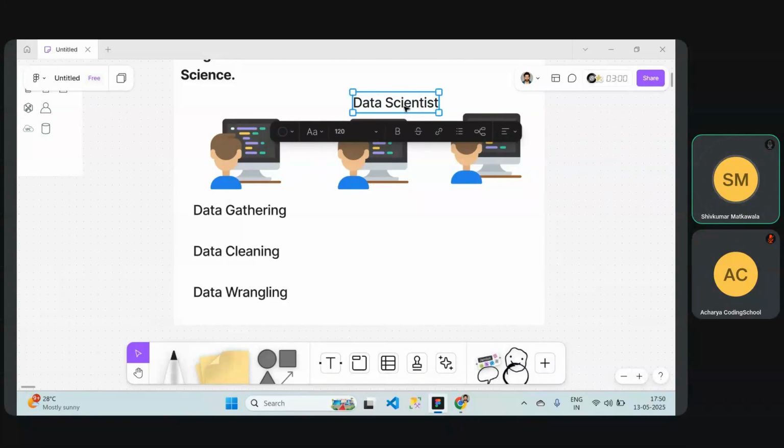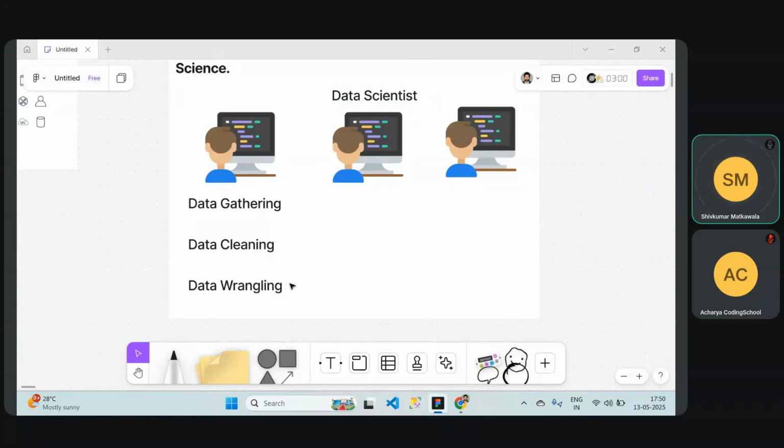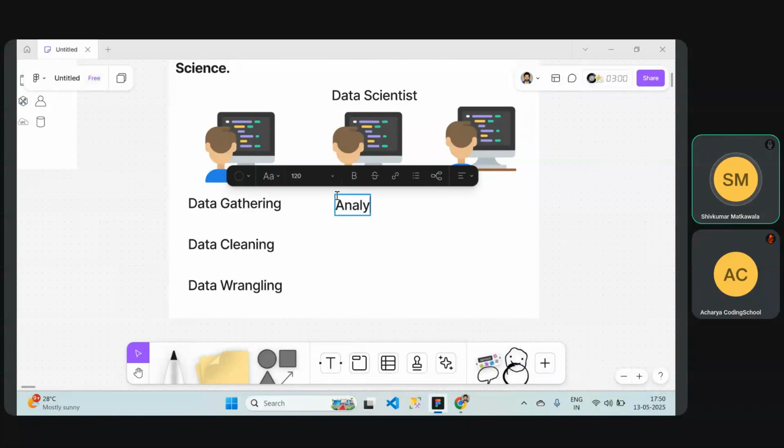The responsibility of this data scientist is to take the data, analyze the data, study the data, come up with the proper logic, math, and apply it upon your data, and train the machine. See guys, if the data is small, we as humans can study it and get some insights out of it.